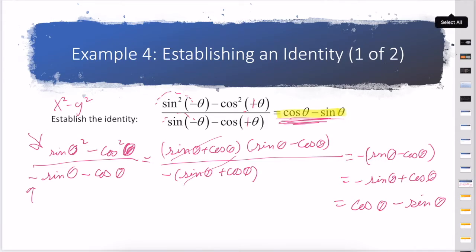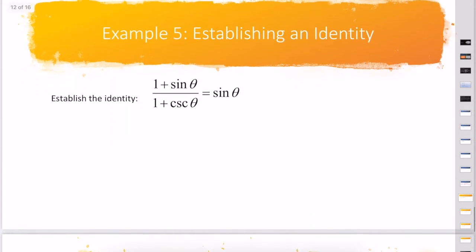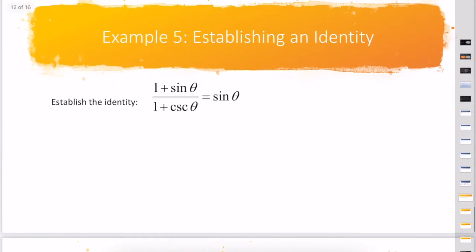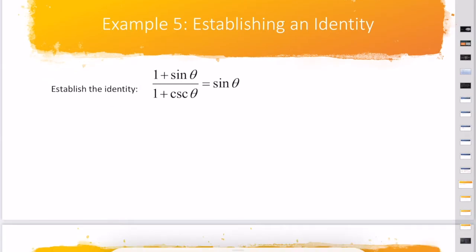Let's scroll up to example 5. So example 5, again, we're still working on establishing these identities. I have 1 plus sine of theta over 1 plus cosecant of theta equals sine of theta. I'm going to rewrite this in terms of only sine and cosine. So now I have 1 plus sine of theta over 1 plus cosecant of theta, which is 1 over sine of theta.